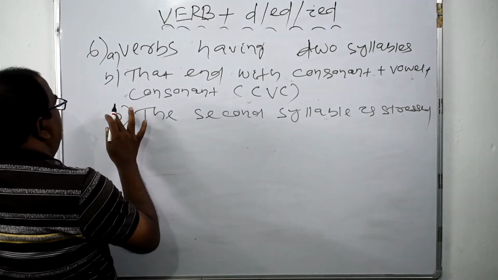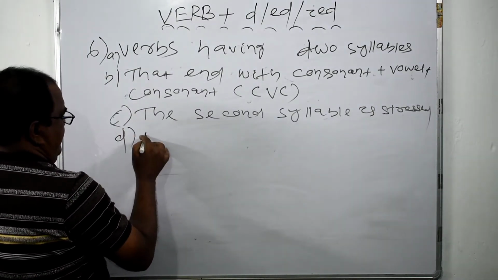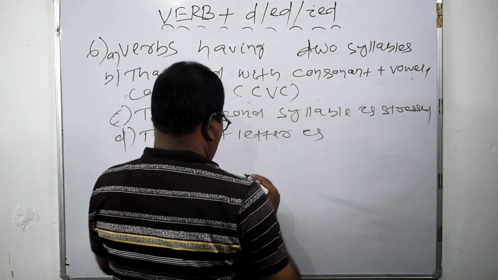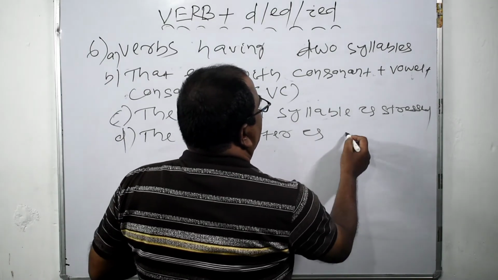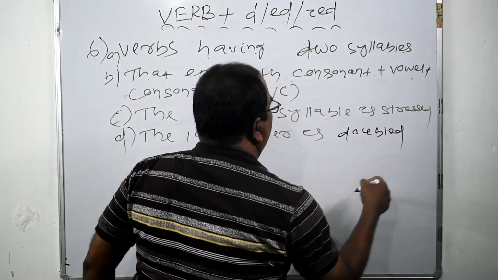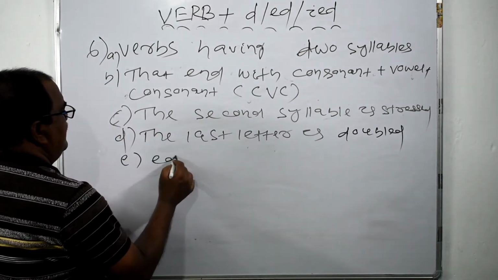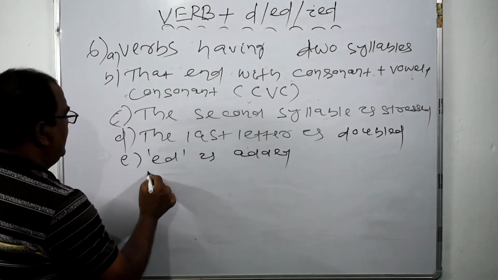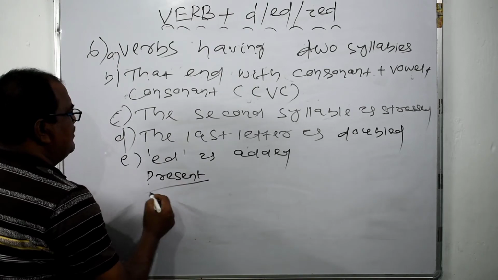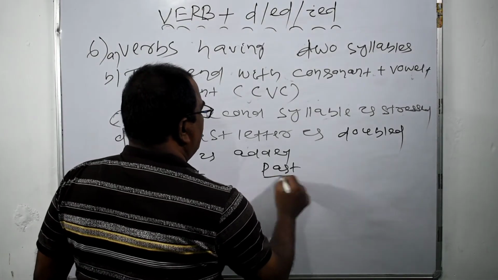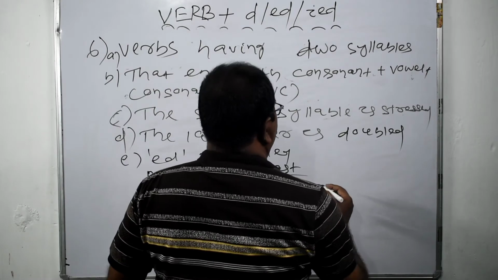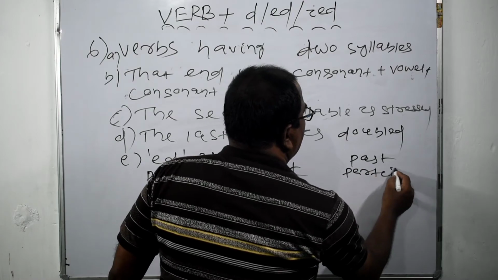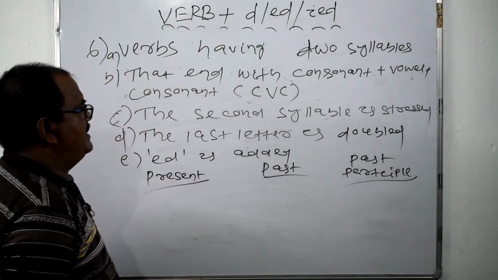In this case, the last letter is doubled. Then ed is added. We can take the examples of such verbs which end with CVC and the second syllable is stressed.